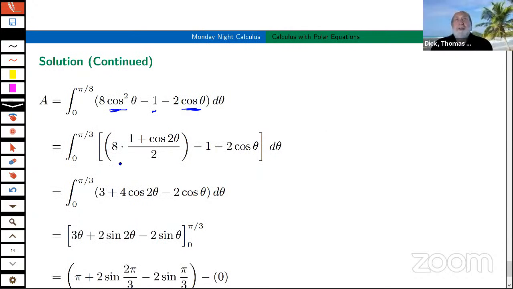Steve, I'm sorry to interrupt you, but it's on that same topic. Another possibility is a problem like this might very well appear on the calculator open part of the exam. In which case, you wouldn't even be expected to find an antiderivative.